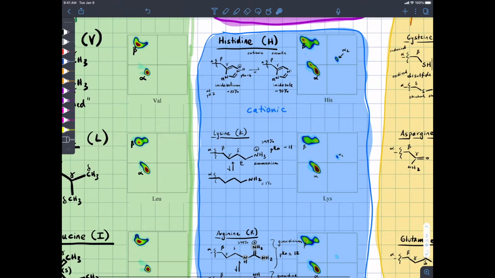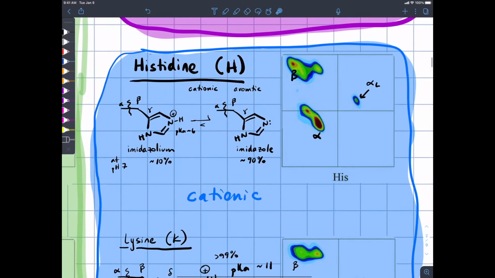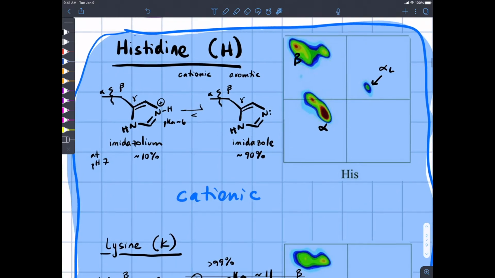Lastly, histidine. Histidine's weird because it doesn't necessarily fit with the aromatic amino acids, even though it's aromatic, and it doesn't fit that well with the cationic amino acids, even though it can be positively charged. So this is the neutral form of histidine. You've got the beta carbon, and then this imidazole ring.